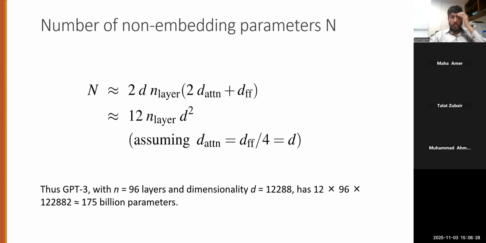So you can also estimate the number of parameters in a transformer or in a large language model quite easily. This slide shows a simple approximation, but let me show you actually.